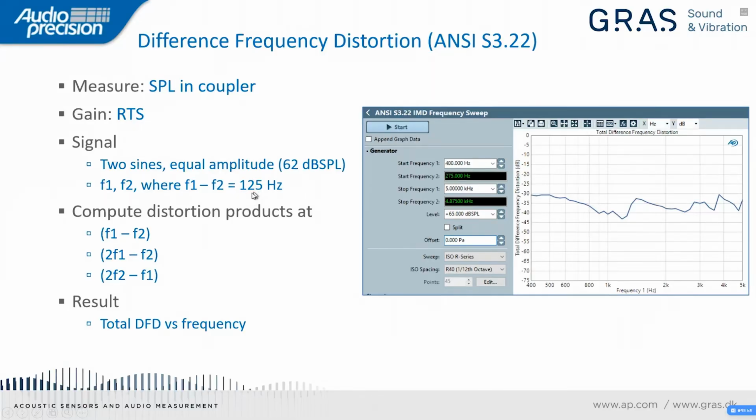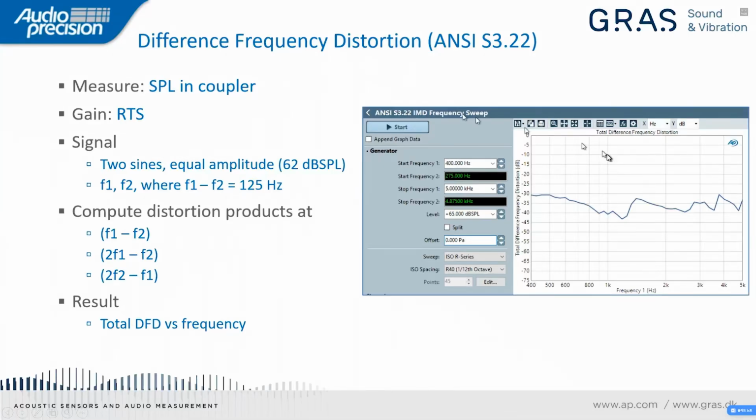For the ANSI version, F1 is higher than F2, but the difference is 125 hertz. We compute these distortion products at frequencies F1 minus F2, 2F1 minus F2, and 2F2 minus F1, and we record the difference frequency distortion versus frequency, as shown on the right here.